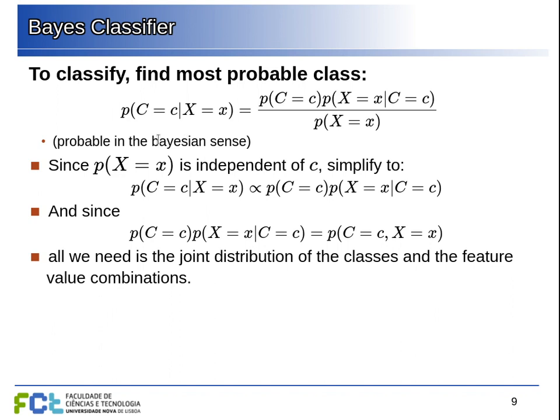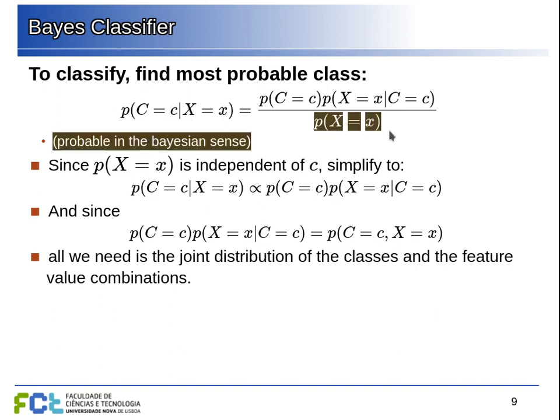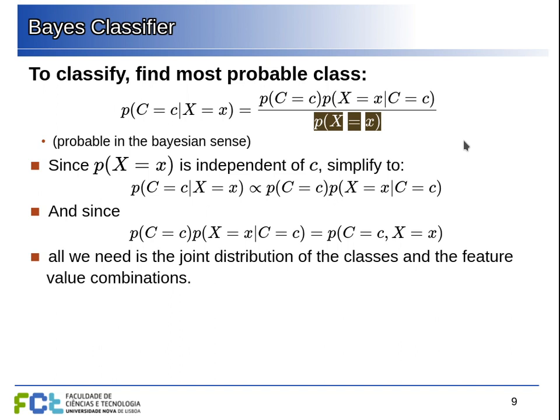So under this interpretation, we can consider that this marginal probability of the example having some features will not be dependent on the class, because this is just the overall probability of having those features regardless of the class.